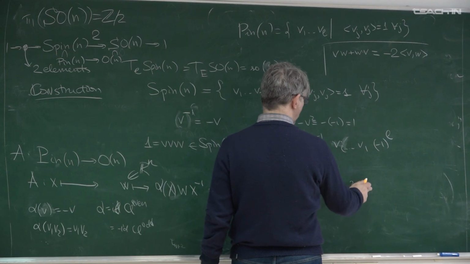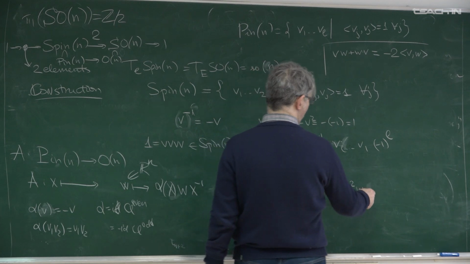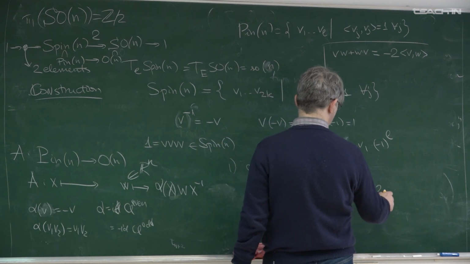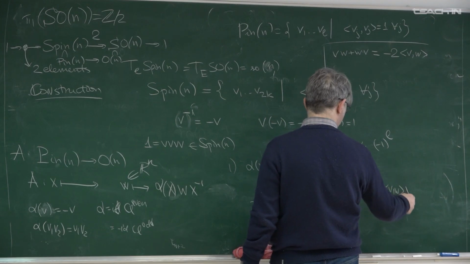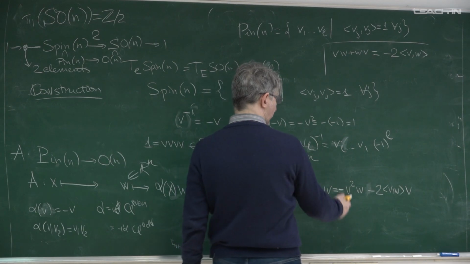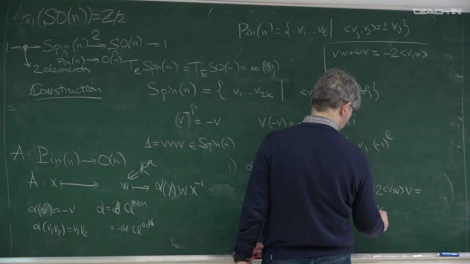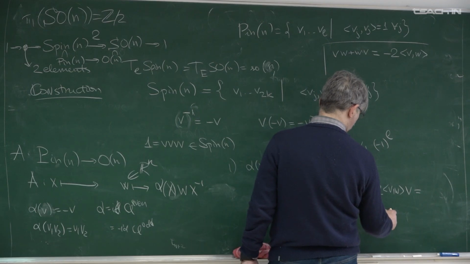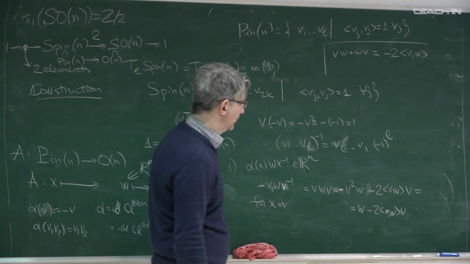But I also need to add something here. Minus 2 scalar product of v and w with v. Minus disappears. w minus 2 v w. Gentlemen, I believe you know this formula. What is it?